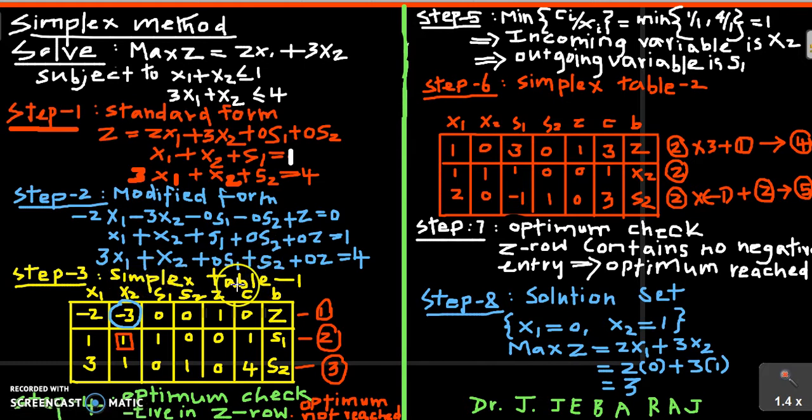The simplex table is nothing but, first of all, we write the variables at the top: x1, x2, s1, s2, z, constant and basic variable.